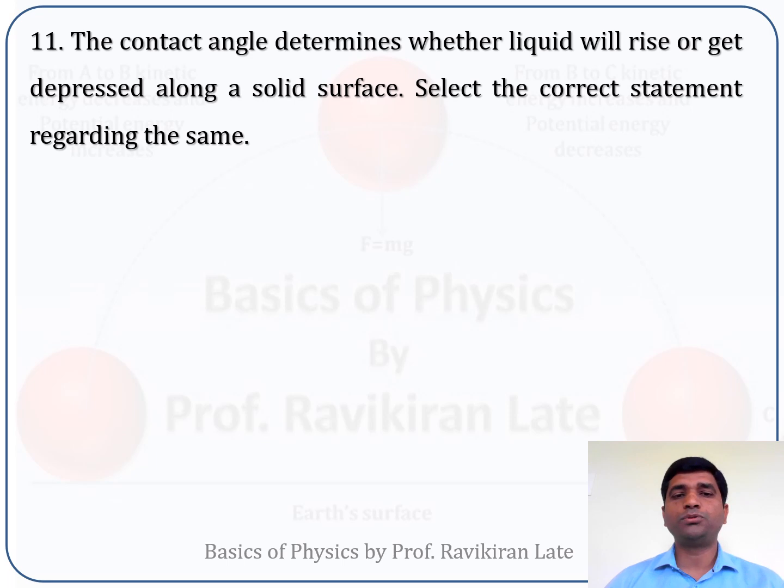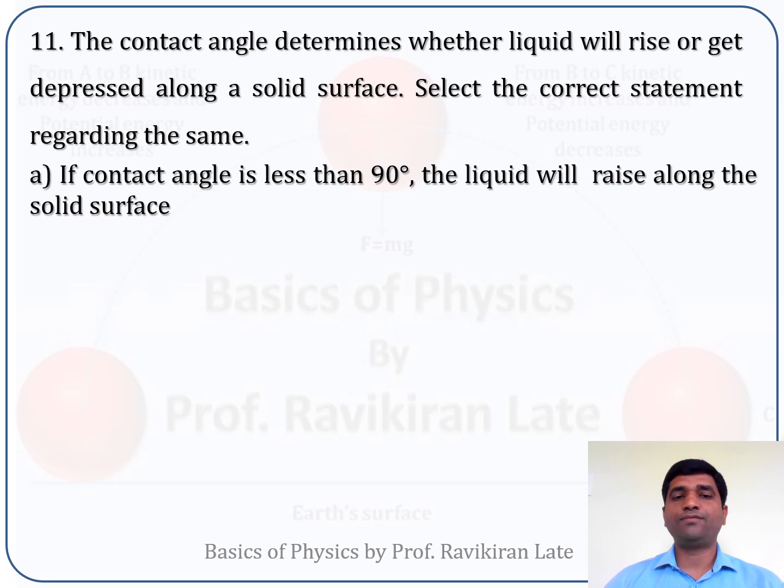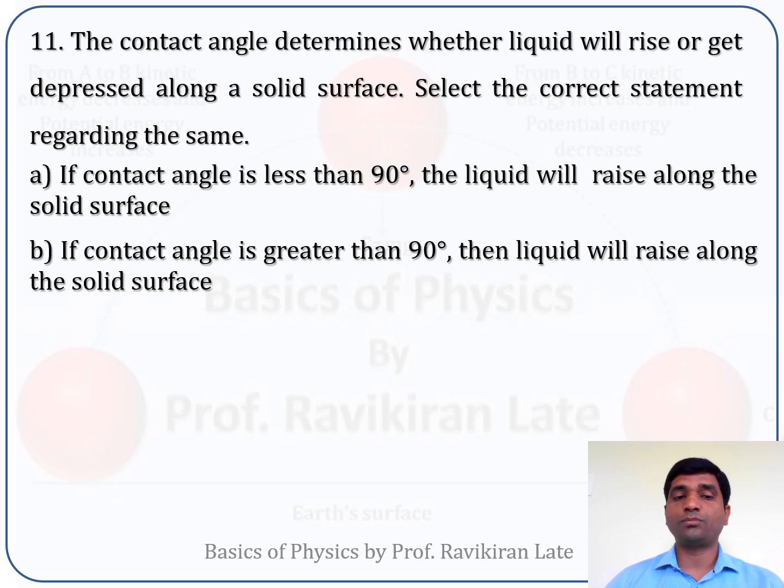Now we will look into the options. First option: if contact angle is less than 90 degree, the liquid will rise along the solid surface. Obviously the given statement is correct, but we will see the rest of the options as well. If contact angle is greater than 90 degree, meaning it is an obtuse angle, then the liquid will rise along the solid surface. Obviously if the angle of contact is greater than 90 degree, it is an obtuse angle, then the liquid level will go down inside a capillary.